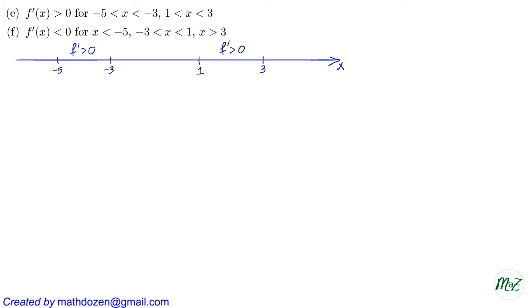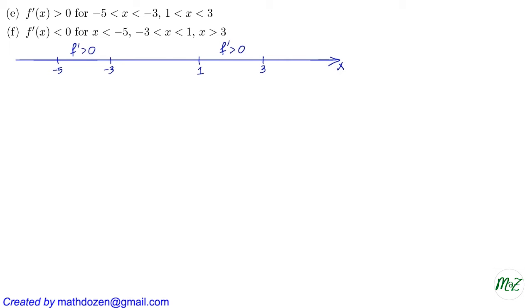Okay, as I mentioned, we're going to start by trying to satisfy the description of the first derivative. So see that in the description we have -5, -3, +1, +3 as the key points, so put them on the number line. And we said that the first derivative is positive between -5 and -3, and between +1 and +3.